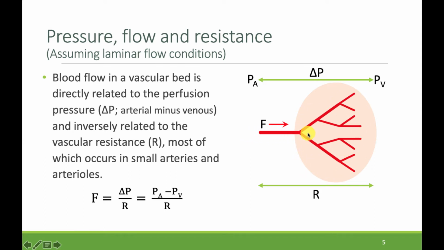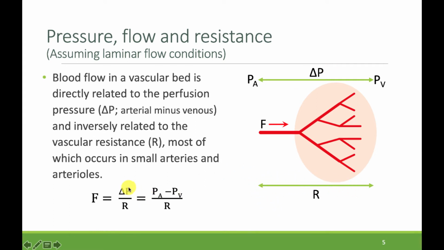The flow through that tissue is determined by the perfusion gradient across that tissue, which would be normally the arterial pressure minus the venous pressure, and that's our delta P. And then the resistance of the distributing artery plus the vascular resistance, that sum would be the total resistance.